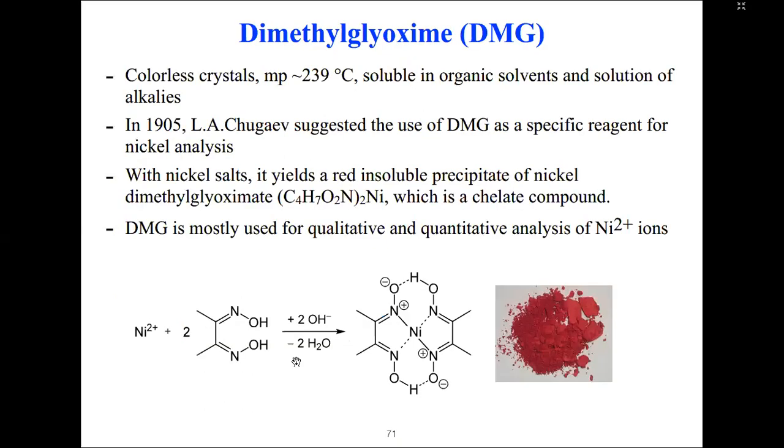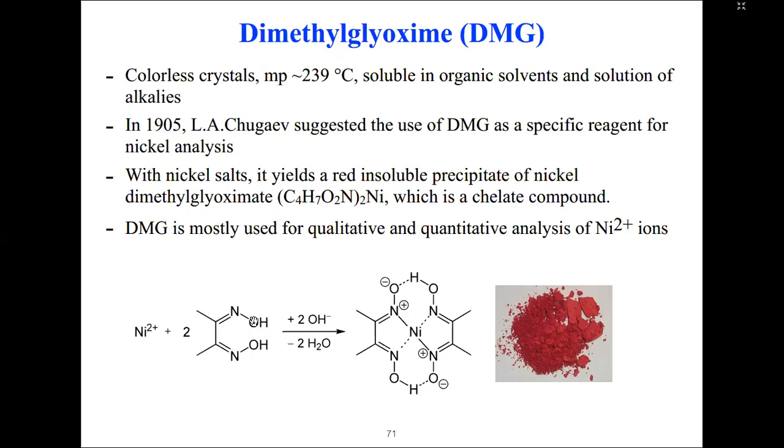So the first topic is DMG. Here D stands for di, meaning 2, M stands for methyl, the CH3 group, and G stands for glyoxime. Here is the structure of DMG given on the slide. There are 2 nitrogens.